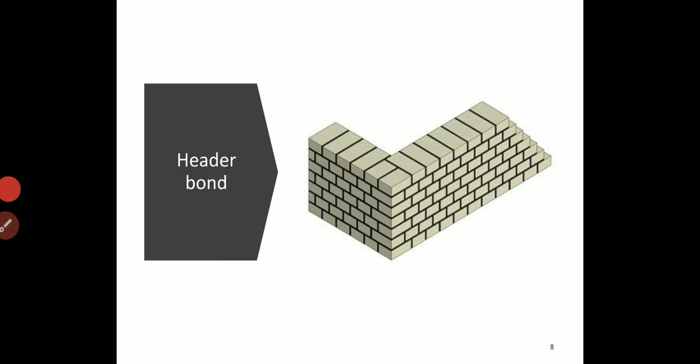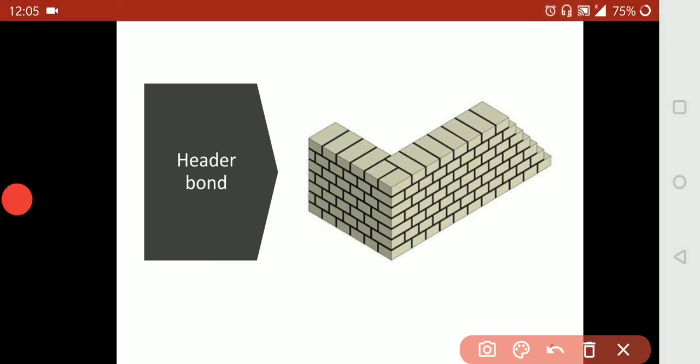You can see here, this is the header bond. In this type of bond, all the bricks are laid with their ends toward the face of the wall. Each layer is the same.